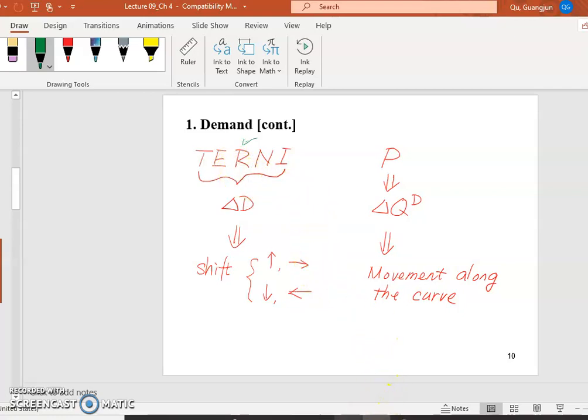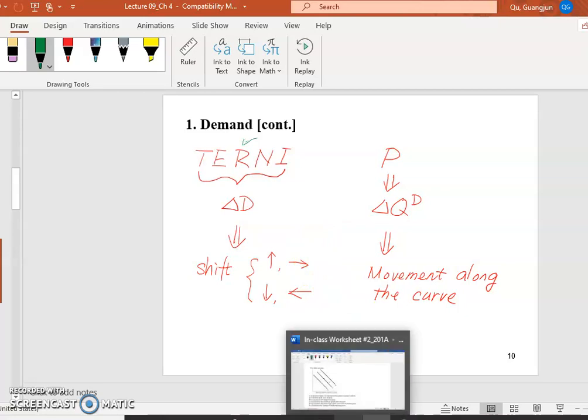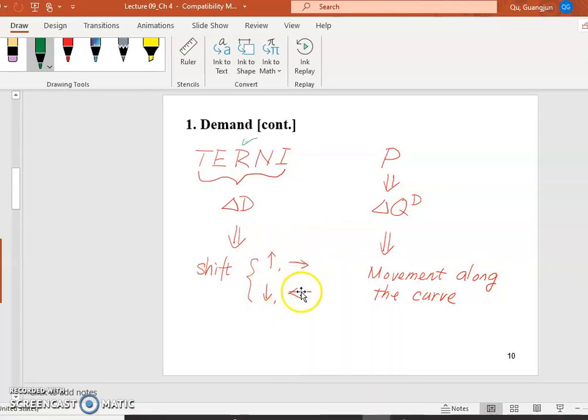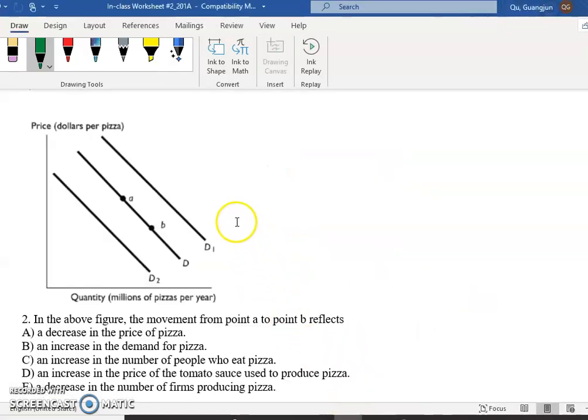But in these questions, number 2, 3, and 4, we're actually working backwards because the question already tells you it's a movement on the curve or a shift. So you go backwards and figure out what could cause that graphical change.